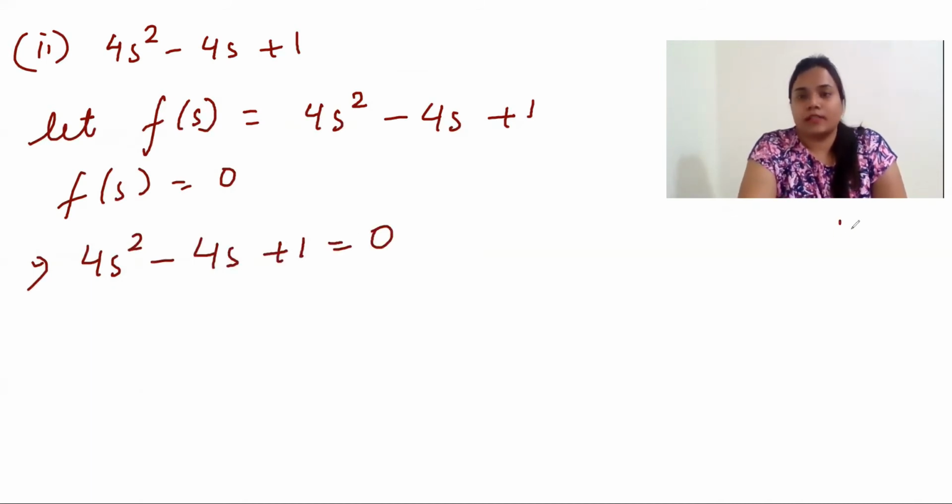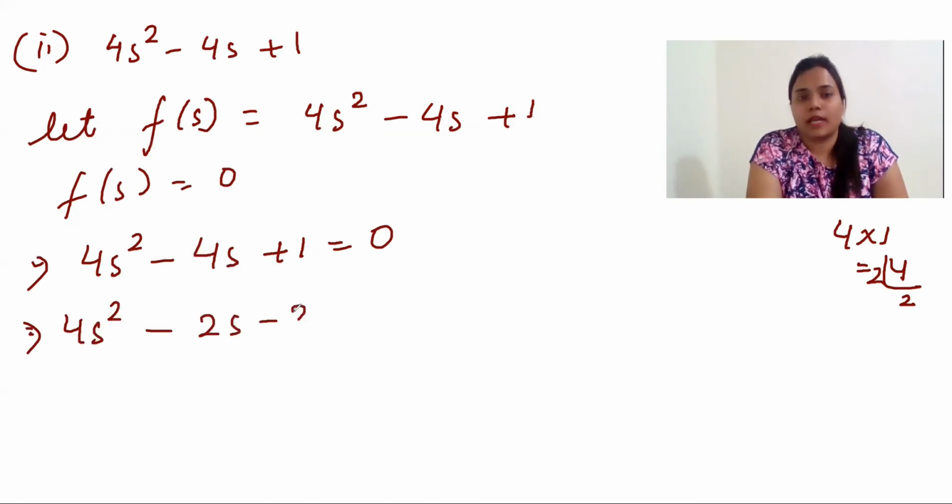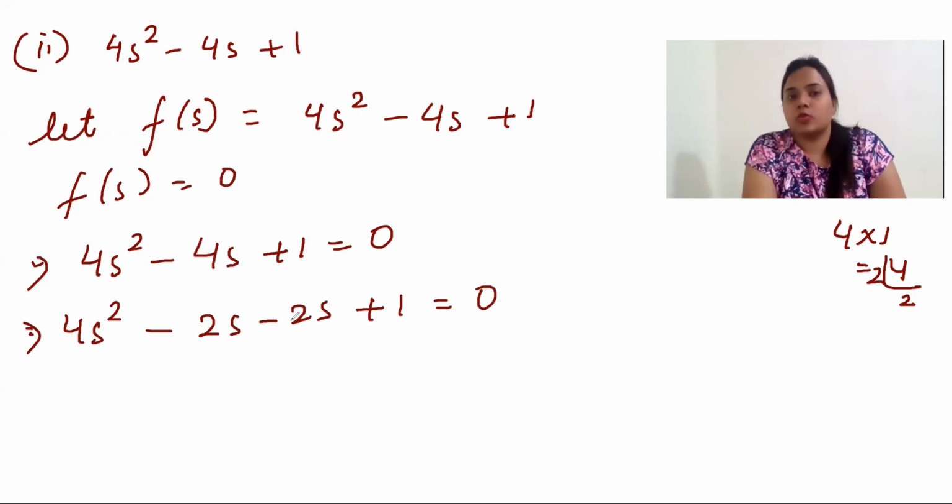So we will multiply a and c, that is 4 into 1 will be equal to 4, and we will factorize this. 2 twos are 4. Factors are only 2 and 2. So I can simply write 4s square minus 2s minus 2s plus 1 is equal to 0. Minus 2 into minus 2 will be plus 4, and minus 2 plus minus 2 will be minus 4. So it's correct.